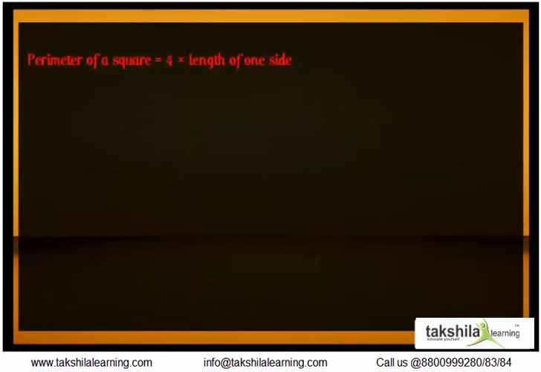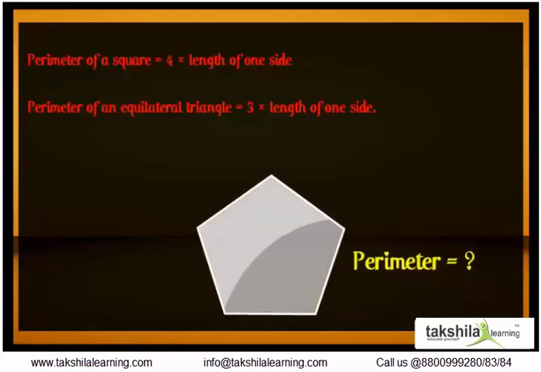We found that perimeter of a square is equal to 4 into length of one side. Perimeter of an equilateral triangle is equal to 3 into length of one side. So what will be the perimeter of a regular pentagon?